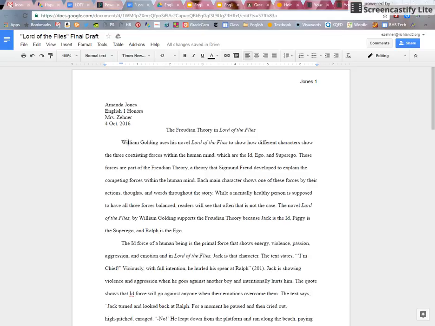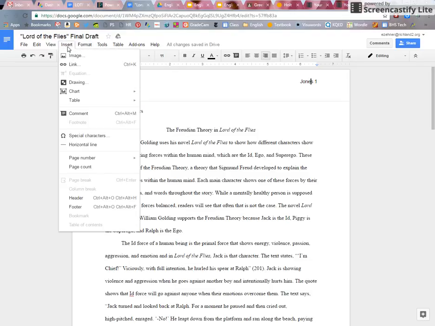It doesn't get copied. Then in the upper right-hand corner, in the header, you put your last name and the page number. To do this, you go to Insert, Page Number, and then select the page number option for the upper right-hand corner.